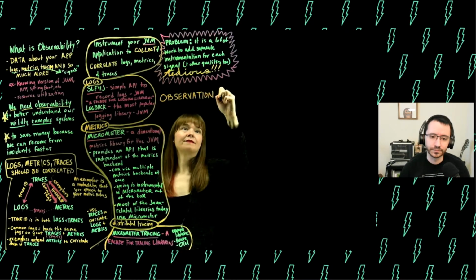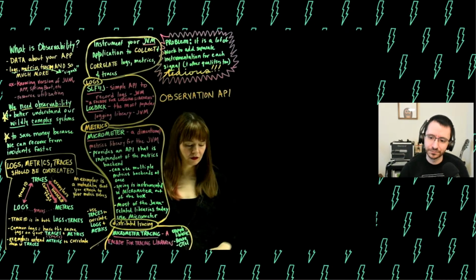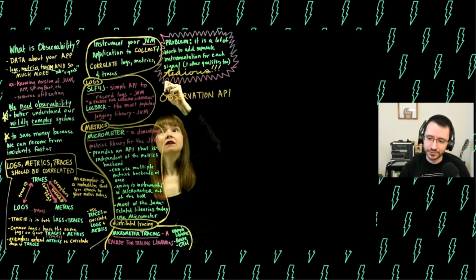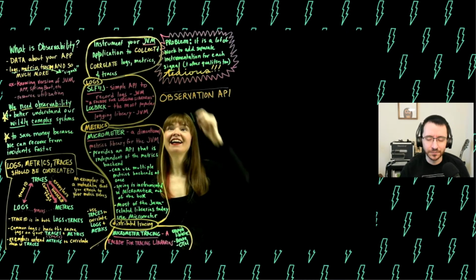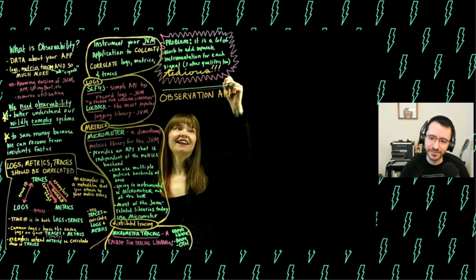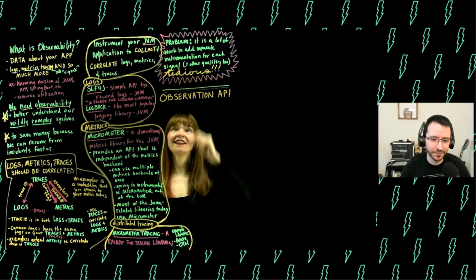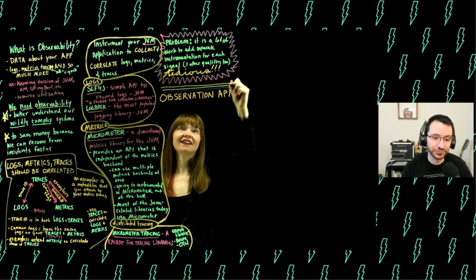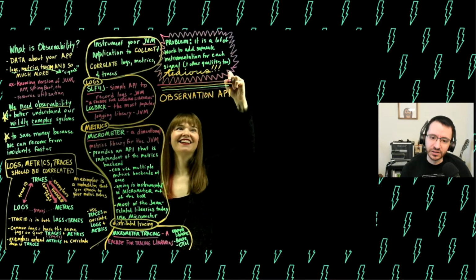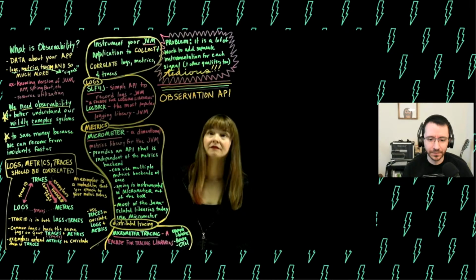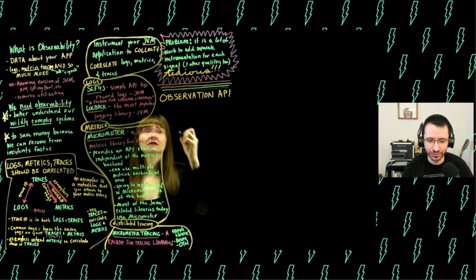Observation API. Yes. Cool. I'm listening. So the promise here is basically you have one API, not 3, 4, 5, or 6. And you can instrument your code once and get multiple benefits out of it.